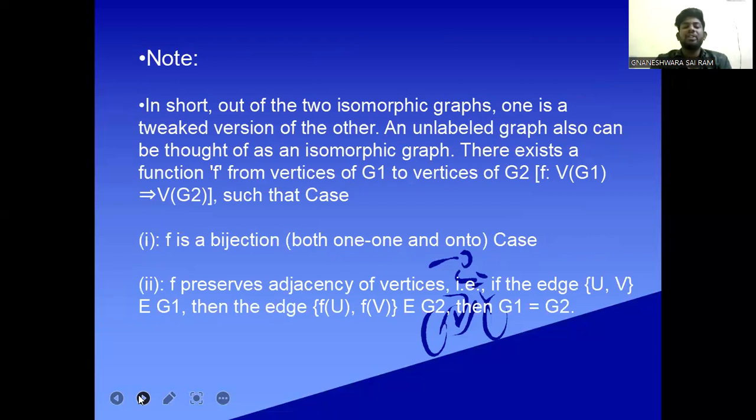There exists a function f from the vertices of G1 to the vertices of G2, such that, one, f is a bijection, both one-to-one and onto; two, f preserves adjacency of vertices: if the edge uv belongs to G1, the edge f(u), f(v) belongs to G2. Then G1 is isomorphic to G2.